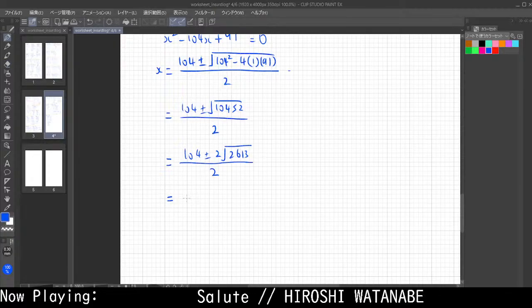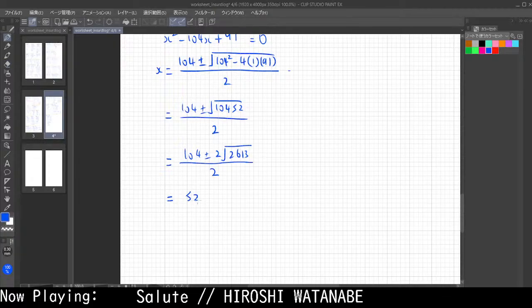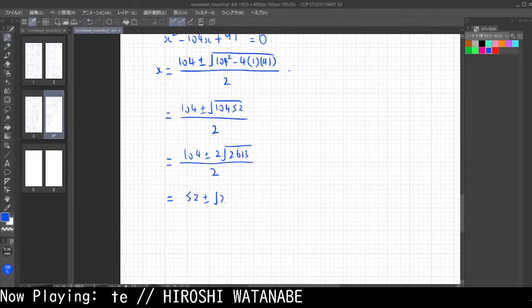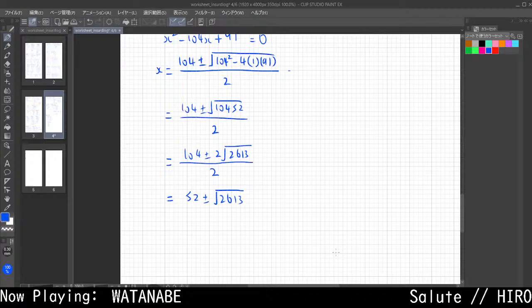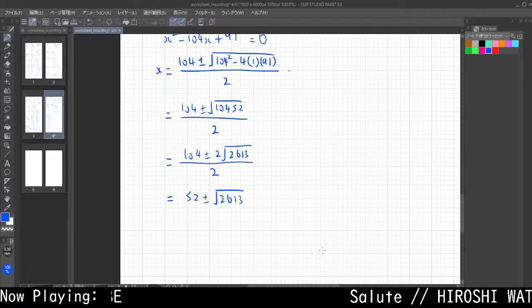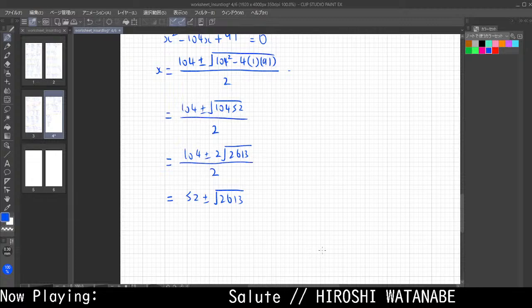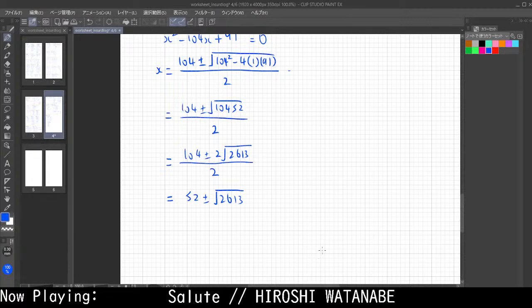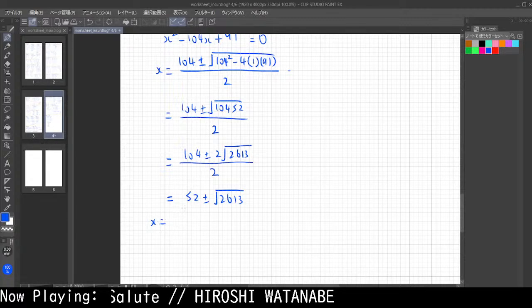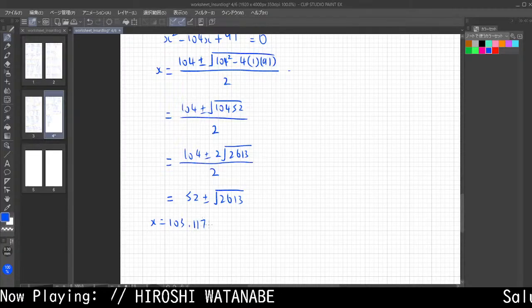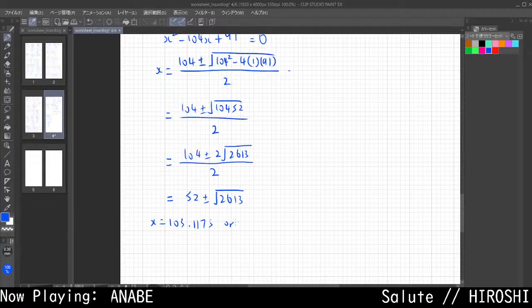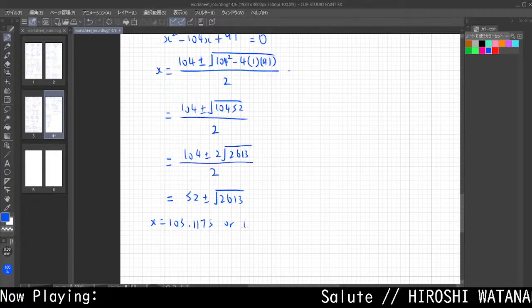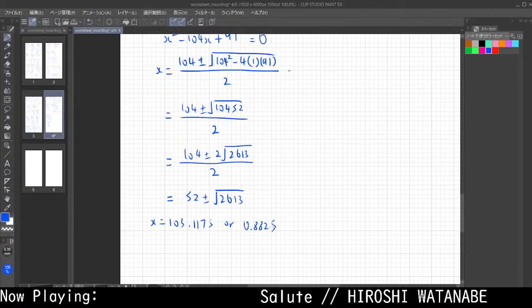Everything is divided by 2. So 104 divided by 2 is 52. 2 divided by 2 is 1. But the denominator is also gone because it says 1. So you can see this answer. Same thing, divide. So 52 plus root 2613. So x equals 103.1175 or 0.8825.